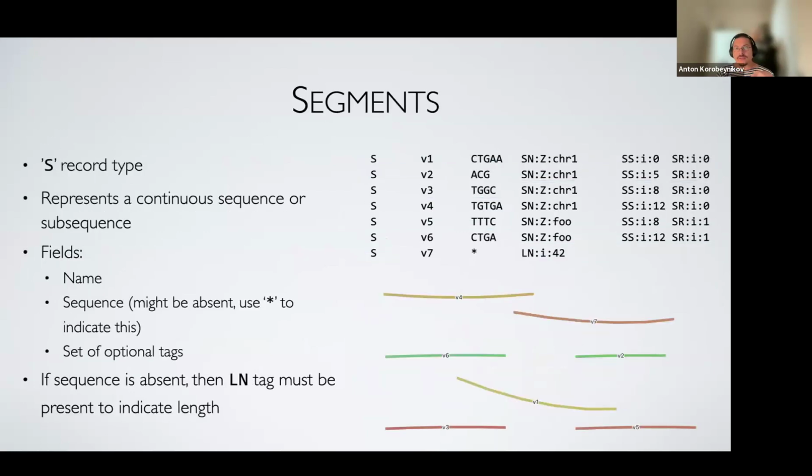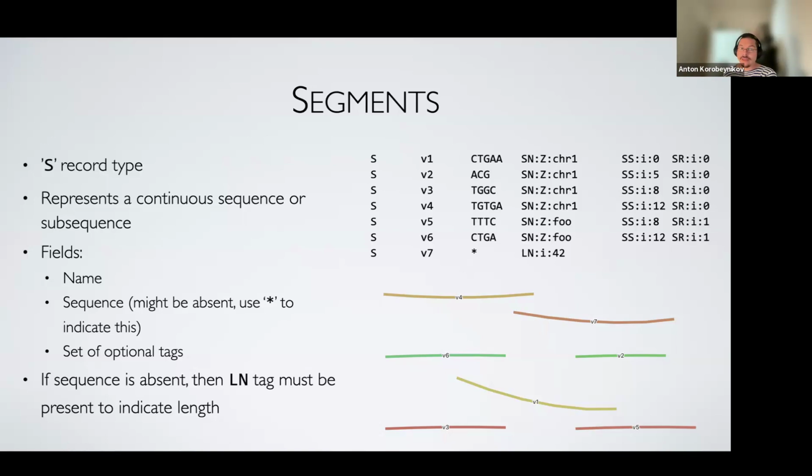So let's walk over the records. The basic record, I would say, is the segment. It's represented as the S record type, and it represents a continuous sequence or subsequence, which we think of as part of the genome or set of genomes in question. There are a few required fields: one is the name, and another is the sequence itself.